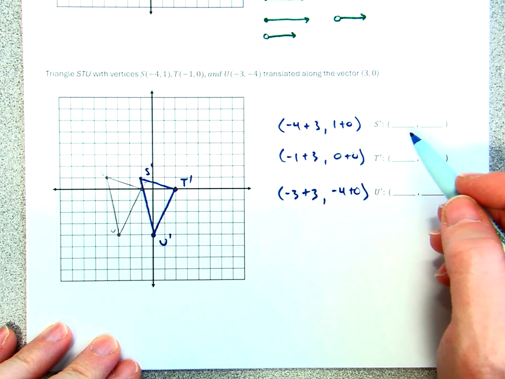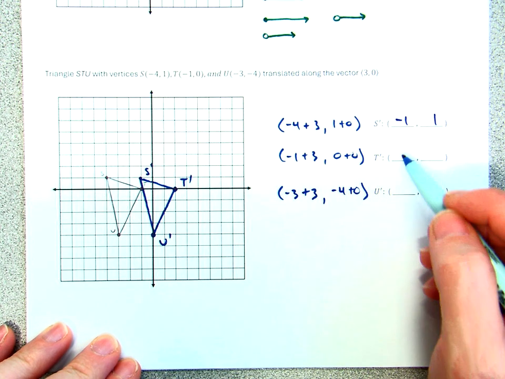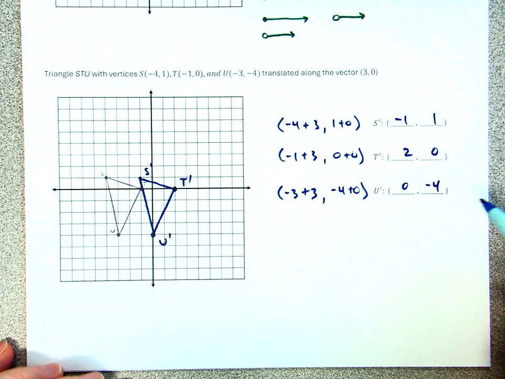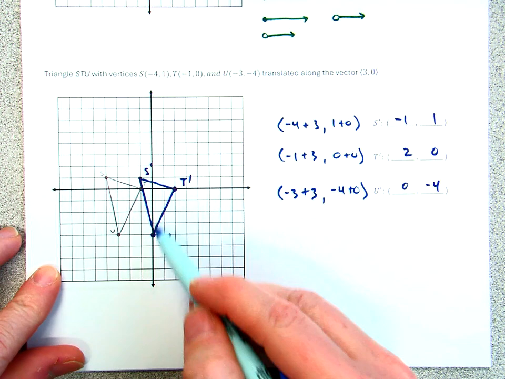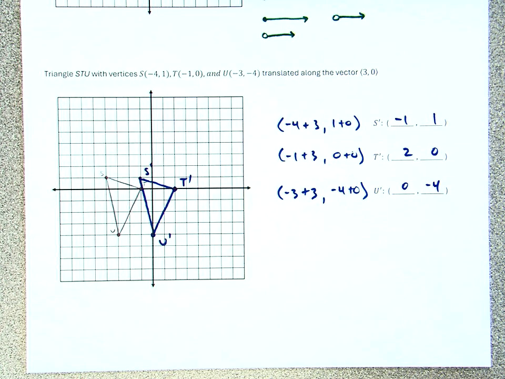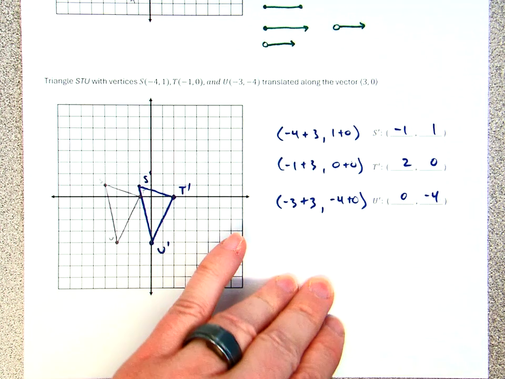Now I can just add these together. So what do we got? -1, 1, 2, 0, 0, -4, right? And if I looked at here, 0, -4, 2, 0, -1, 1, it's looking good, right? They all map, whether you want to do it visually or through the movement of the vector.